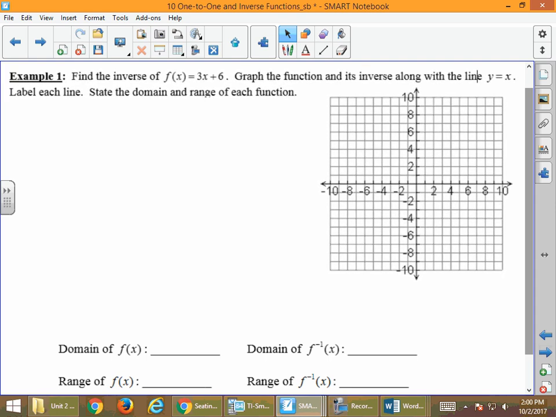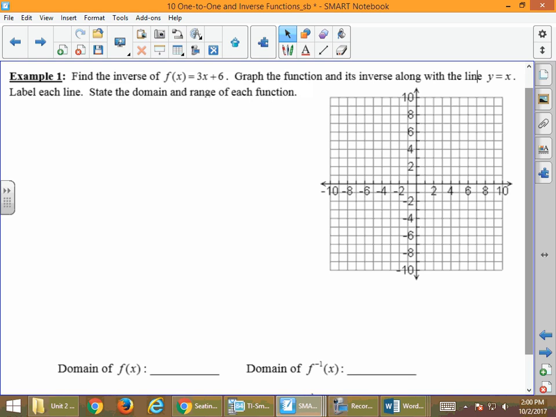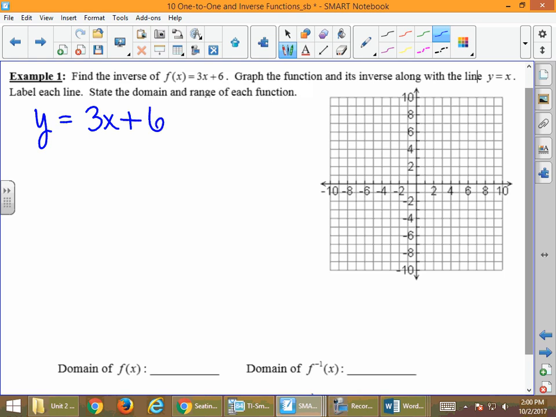It says find the inverse of f of x equals 3x plus 6. We need to graph the function and its inverse along with the line y equals x. And let's actually just start back there and take it one step at a time. So first things first. First step in our steps that we just talked about in our boxes. Instead of writing f of x, let's write y equals 3x plus 6.